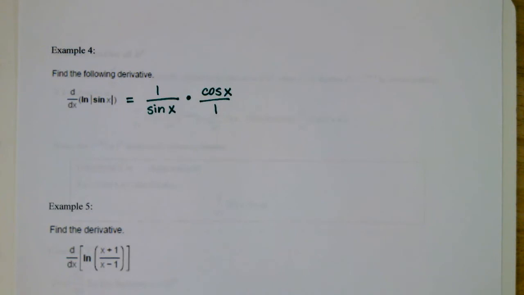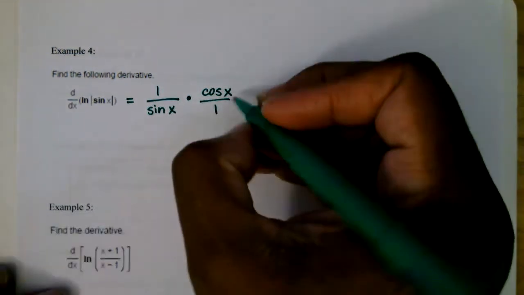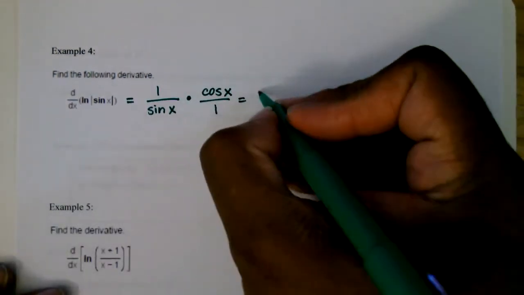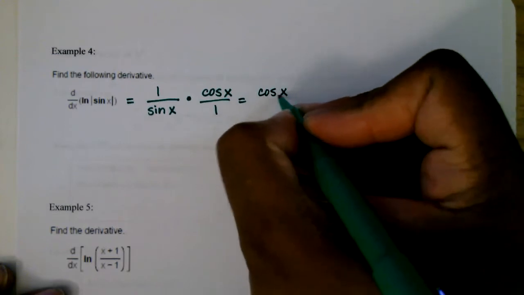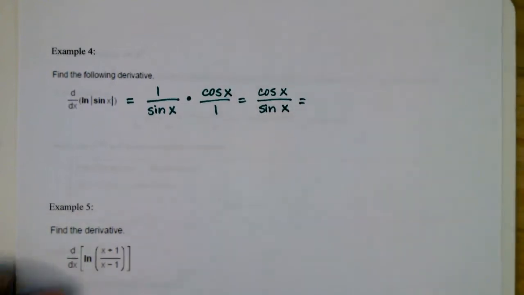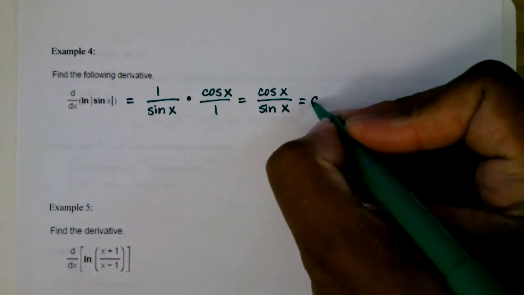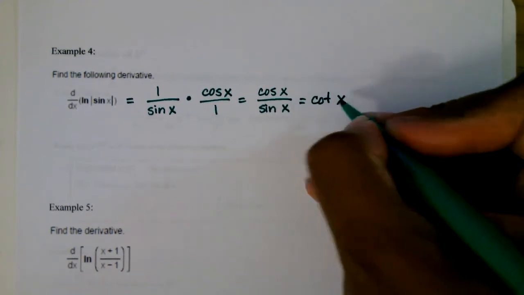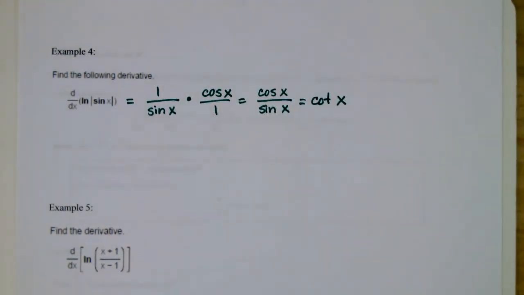So you might need to go back to section 3.5 and look over those derivatives for those 6 trigonometric functions. All right, so 1 times cosine of x will be cosine of x divided by sine of x times 1 will be sine of x. Now, there's a reciprocal identity that says if I do cosine of x divided by the sine of x, I will end up getting the cotangent of x, okay?